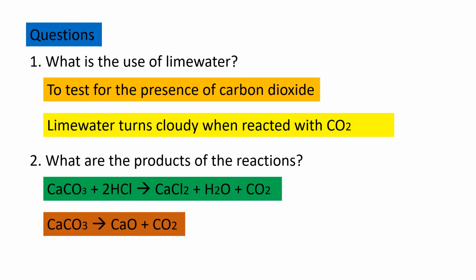So calcium reacts with chloride to form calcium chloride. The hydrogen reacts with the carbonate ion to form hydrogen carbonate, but hydrogen carbonate is unstable. I repeat, hydrogen carbonate is unstable, so it will break down into water and carbon dioxide.